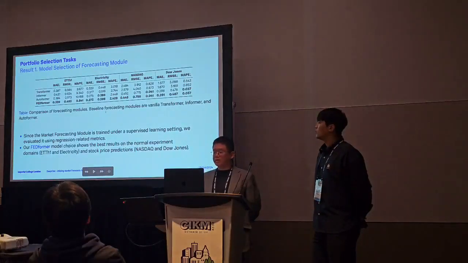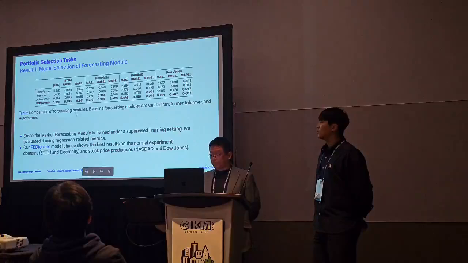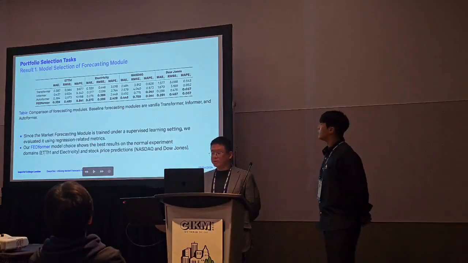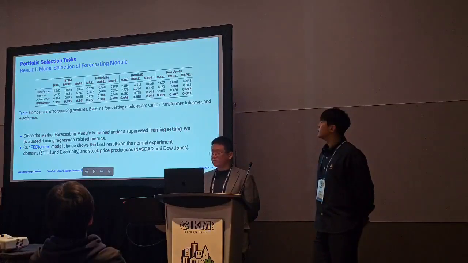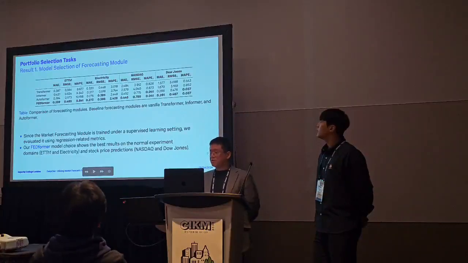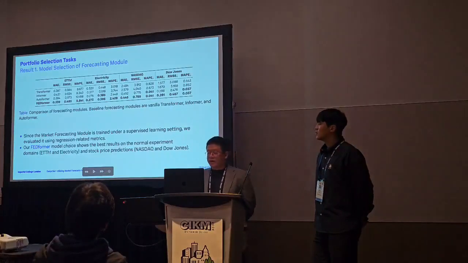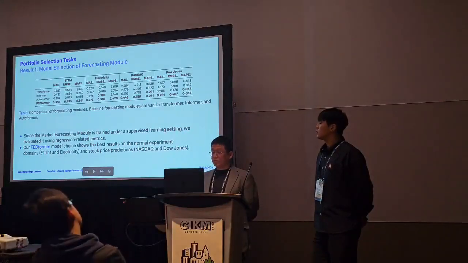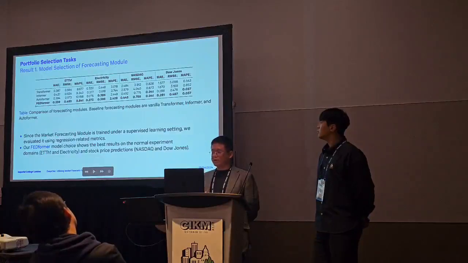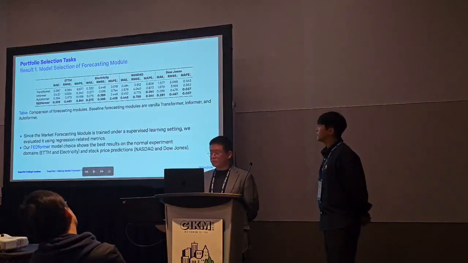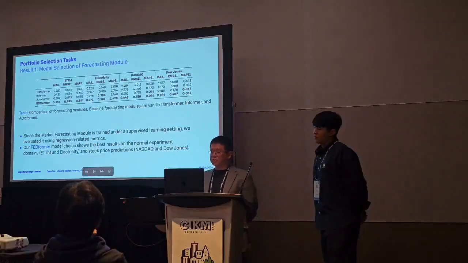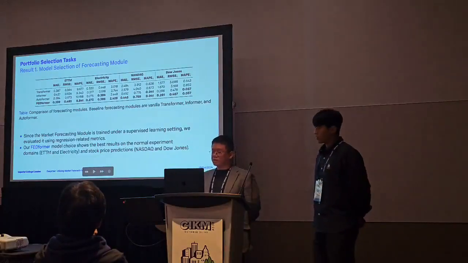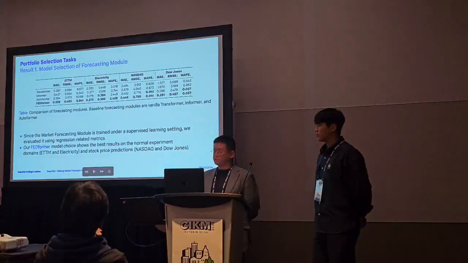We compare the models on normal experiment domains, ETTh or electricity, and also on domains quite relevant to ours, which is stock price prediction, Nasdaq and Dow Jones. As you can see, in all the metrics, Betformer shows the best result. So we decided to select this one as our backbone model for the forecasting module.